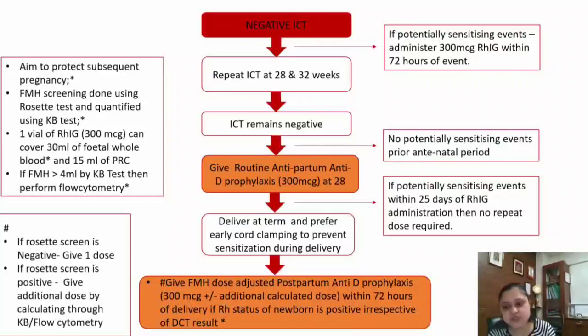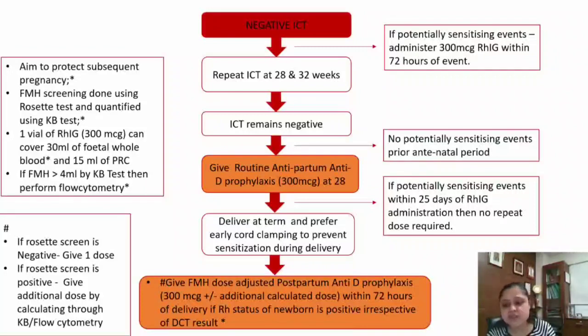However, if the Rosette test is reported as positive, we have to make a further workup. We need to perform the KB test, that is the Kleihauer-Betke kit test, and we need to quantify how much feto-maternal hemorrhage happens to occur.